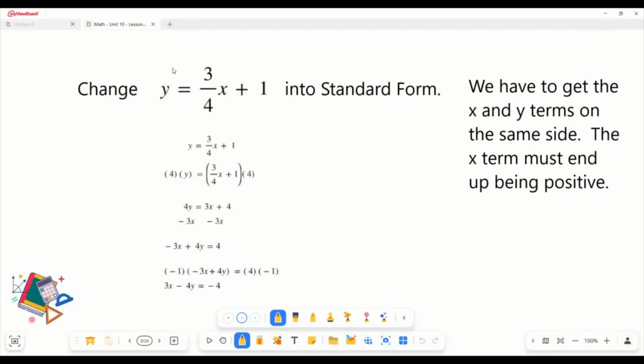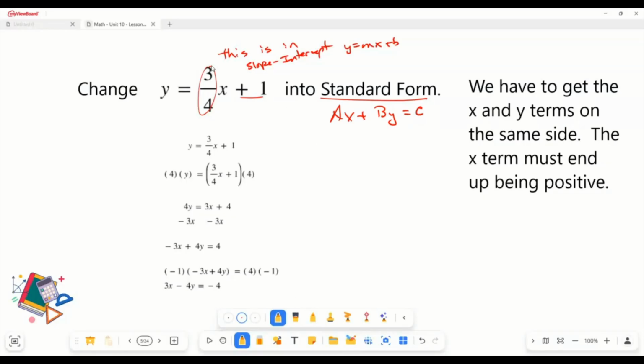So if we're going to take an equation that is in slope-intercept, there's our slope, there's our y-intercept. But we want it in standard form. Standard form is ax plus by equals c.